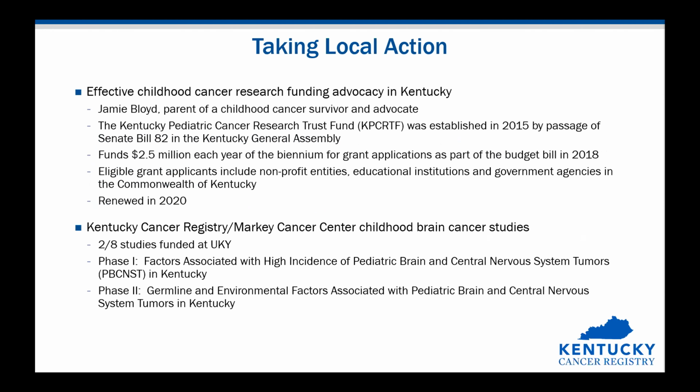She organized other advocates, and they pursued obtaining funding to support childhood cancer through the state legislature in Kentucky, and amazingly, they were successful. The Kentucky State Legislature agreed to fund $2.5 million per year for each year of a biennium, so a total of $5 million over a 2-year period, and to make that funding available to support cancer research in the state of Kentucky.